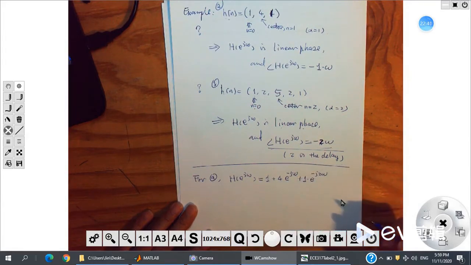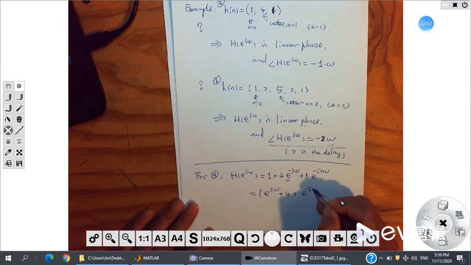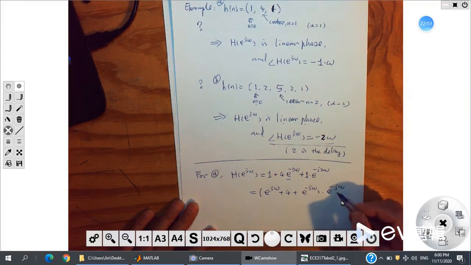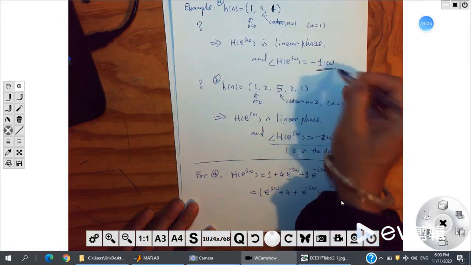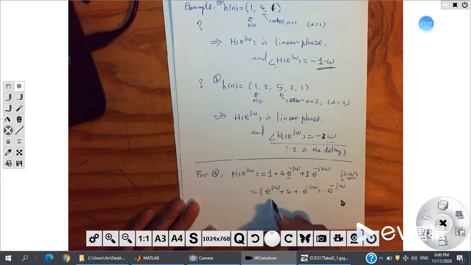Okay, now we factor out e to the negative j omega, and then I have e to the j omega left, plus 4 plus e to the negative j omega. You see, this part is e to the j times negative omega. So the angle is just this part, right? Negative omega. This is the angle. But this part, is this the magnitude?